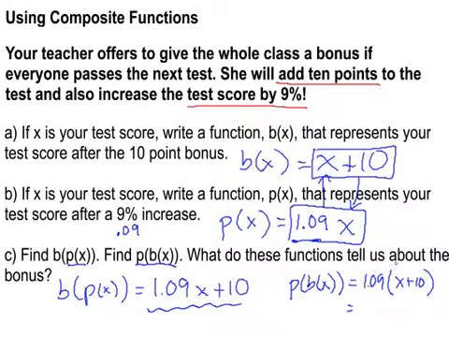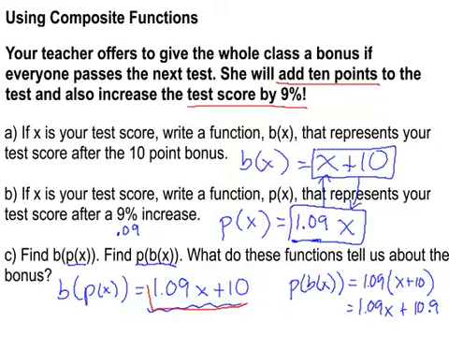Well, when you distribute the 1.09, you get 1.09x plus, if you do 1.09 times 10, you get 10.9. This makes it easy to compare the two results.